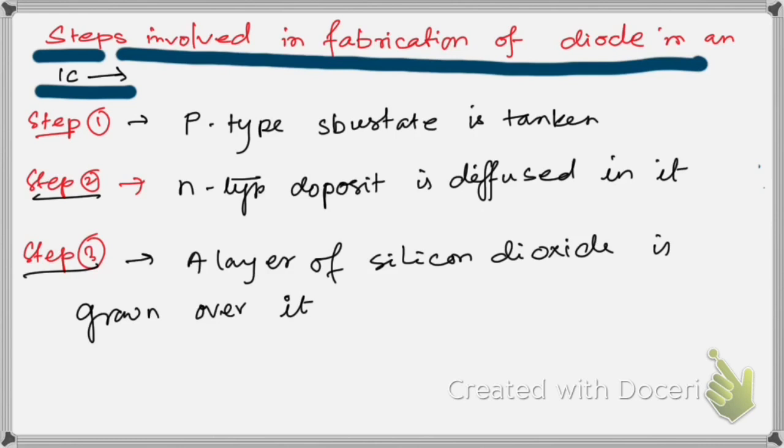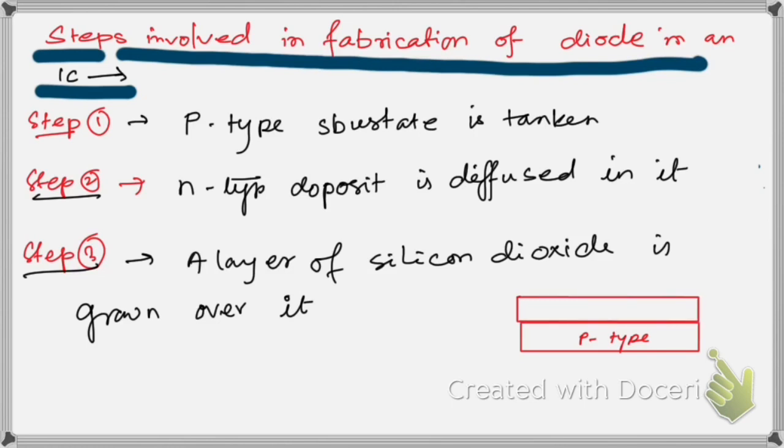So here you see, the first step is to take a p-type substrate. Let me take a p-type substrate here. Suppose this is the p-type substrate. Then over it we have an n-type deposit, which is diffused into it.